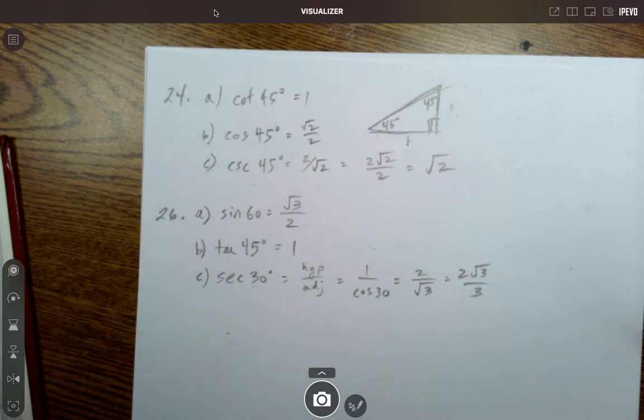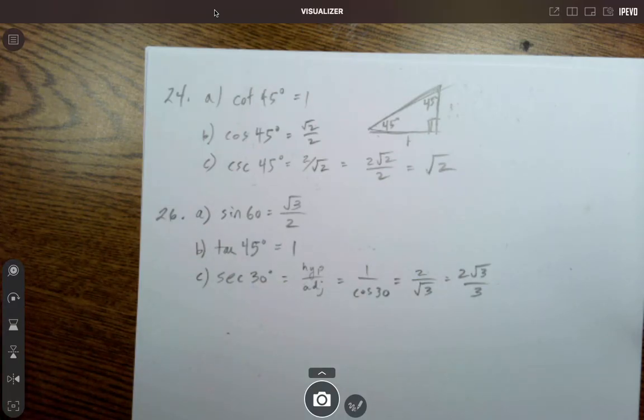All right. In the next section, looking at problems 37 through 42 in your book, it says find the values of theta in degrees between 90 and 0, in radians between 0 and pi over 2, without the aid of a calculator.